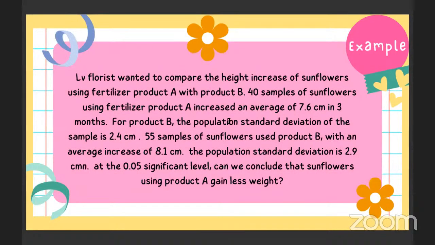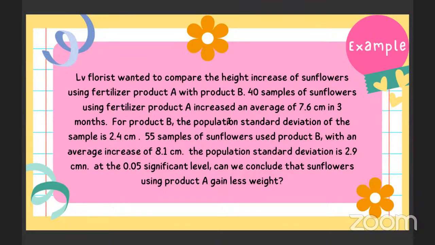So here's the example. Alfie Florist wanted to compare the height increase of sunflowers using fertilizer product A with product B. For 40 samples of sunflowers using fertilizer product A, there was an average increase of 7.6 centimeters in 3 months.